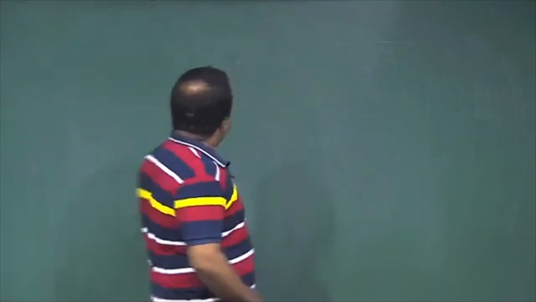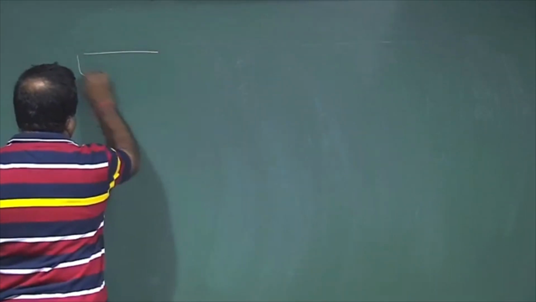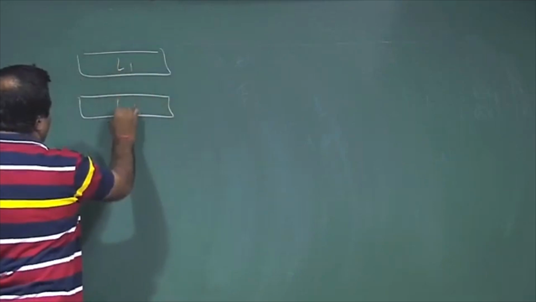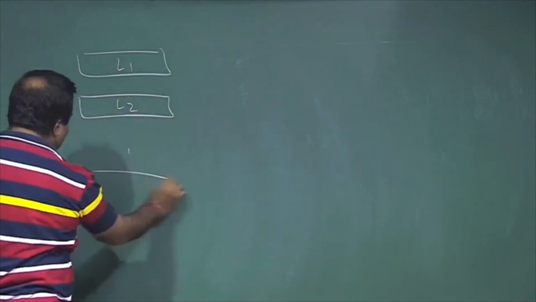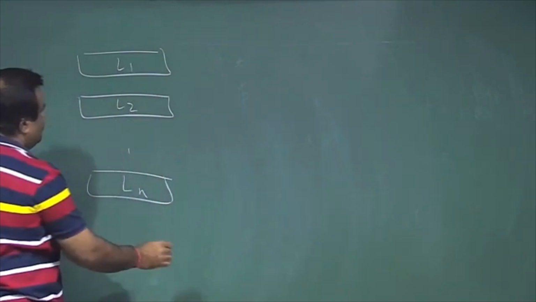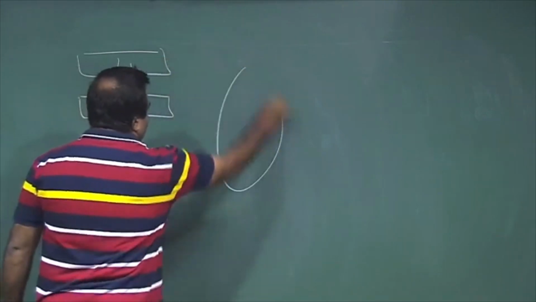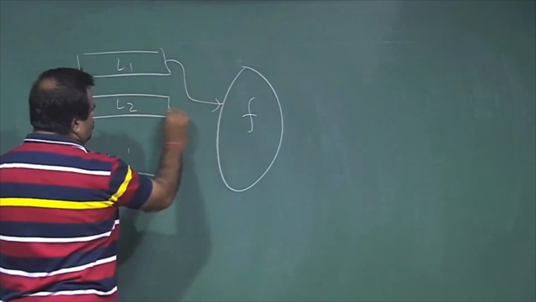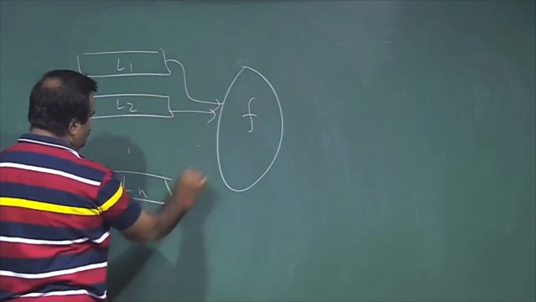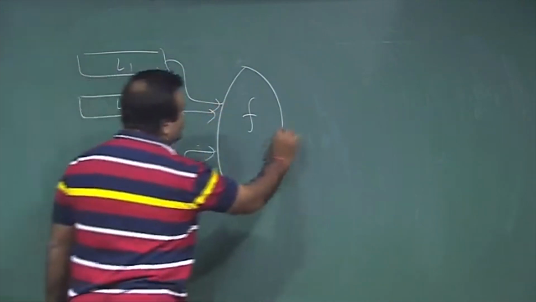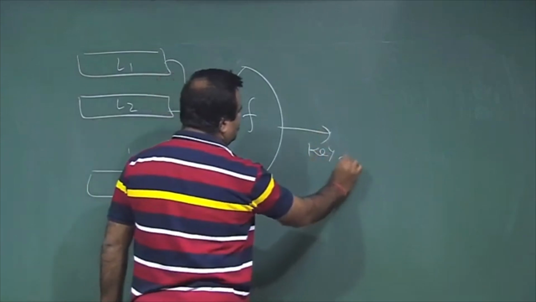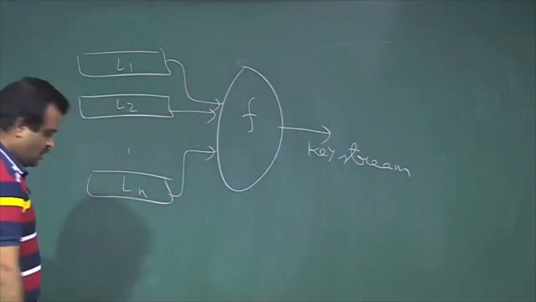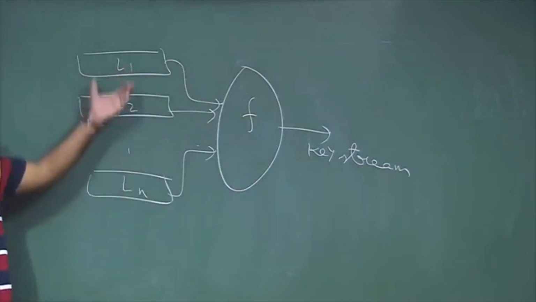That is why we have n many LFSRs, L1, L2 and so on, and we pass these to a nonlinear function f. This is our key stream. These LFSRs have the same length.